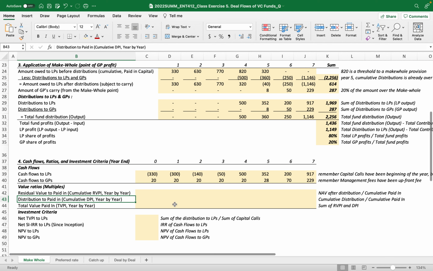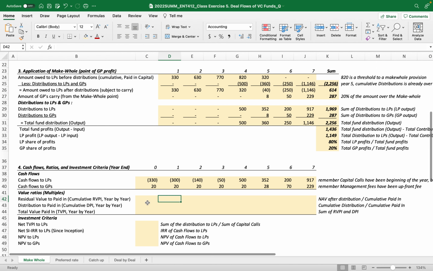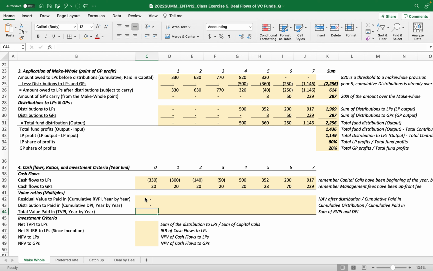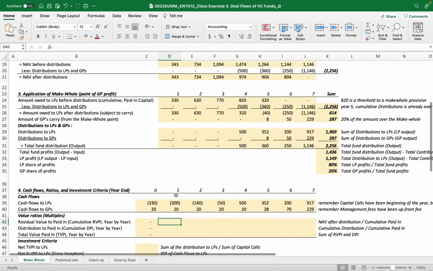First, what is the residual value? Residual value means that at the beginning, today, there's no value and no multiples yet. But from the end of year one, what is the residual value here?